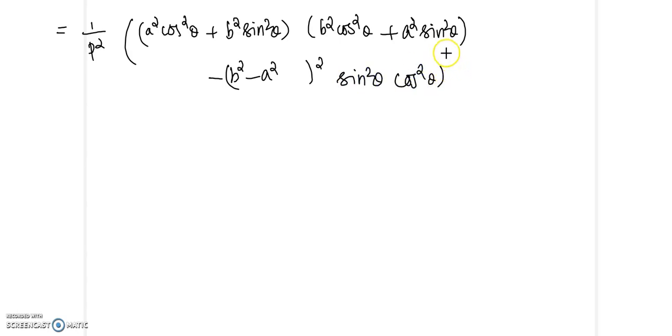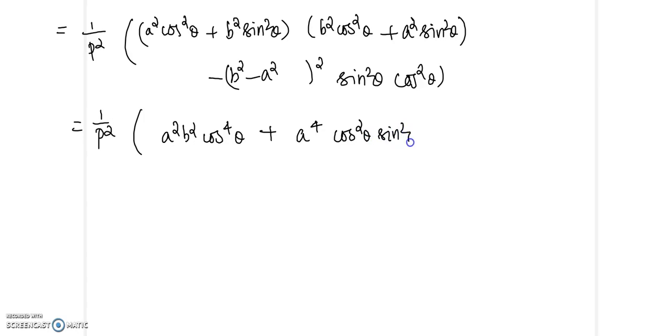Now let us expand this and simplify the terms. So we will get 1 by p square into a square b square cos raised to 4 theta plus a raised to 4 cos square theta sin square theta plus b raised to 4 cos square theta sin square theta plus a square b square sin raised to 4 theta.